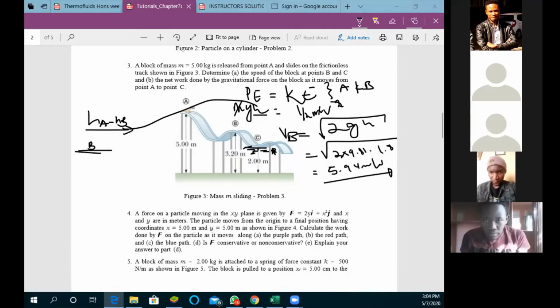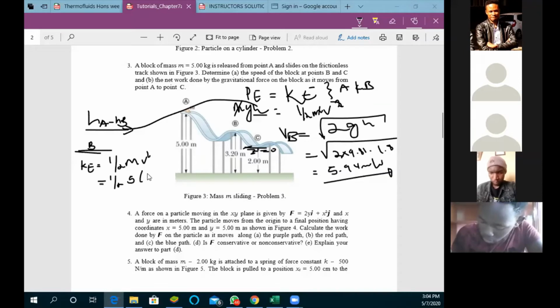So B has got kinetic energy. Kinetic energy at B is equal to half mv squared. So if you substitute the kinetic energy that we have and the mass that we have, which is 5, what are we getting here?